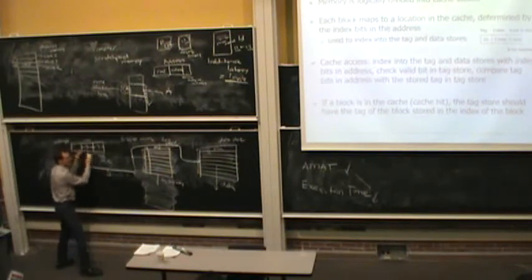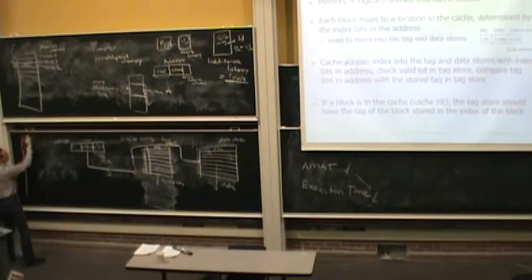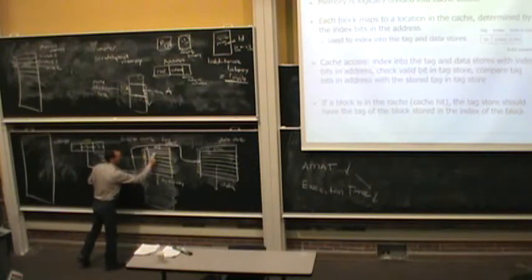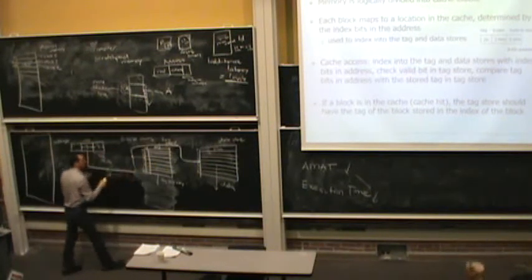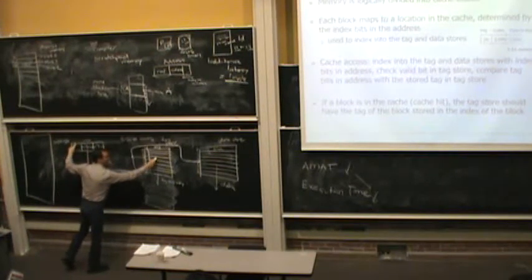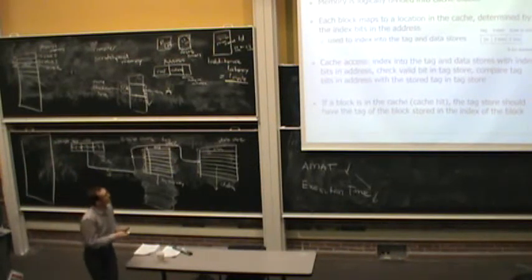Because you have limited cache space, your memory is much, much larger, right? And you're using the index to index into this tag store. Now you have to also determine whether the thing stored in this tag store in the cache is actually the thing you're looking for. That's the purpose of these tag bits, the remaining bits in the address. In this case it's 2 bits because we have an 8-bit address.